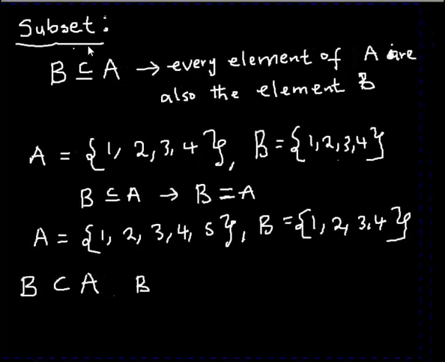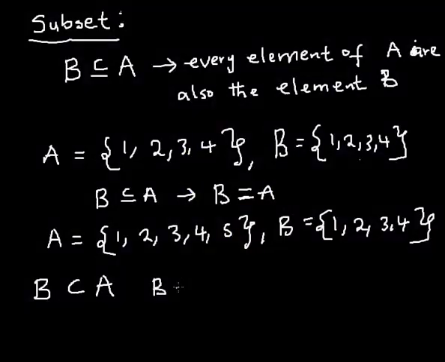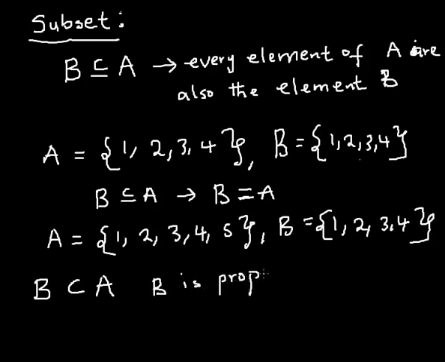I can put it in words that B is a proper subset of A. Why? Because not all the elements of A are contained in B, so it is a proper subset. But this one is improper because they are equal. All right, so please take note of that.